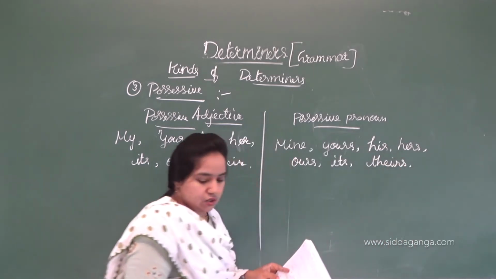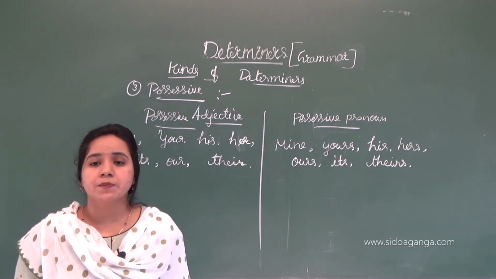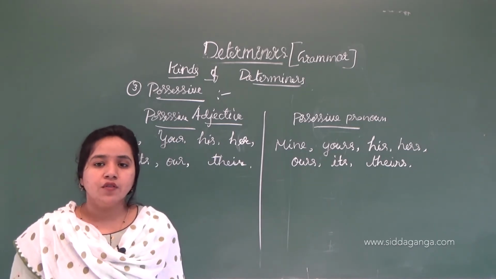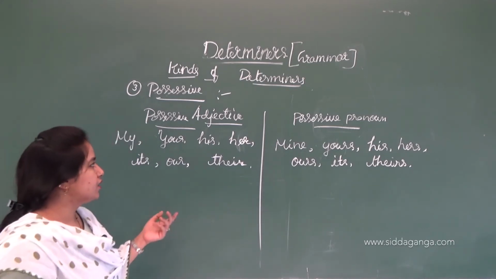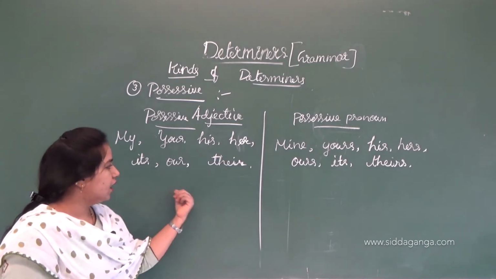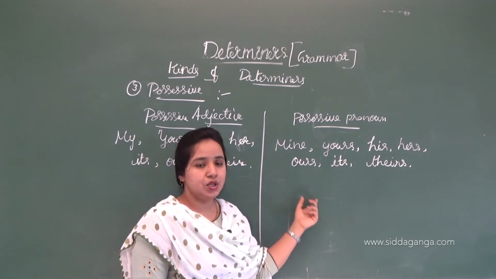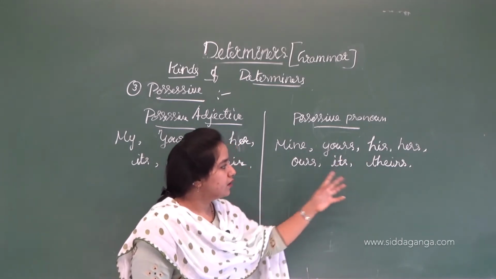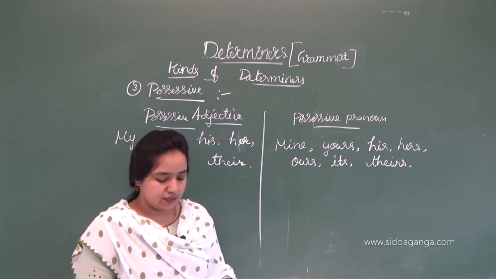So possessive means it possesses ownership. It tells the ownership of a place, of a thing, of an object. So that is called possessive. Here the possessive adjectives are my, your, his, her, its, our, their. The possessive pronouns are mine, yours, his, hers, ours, its, and theirs.